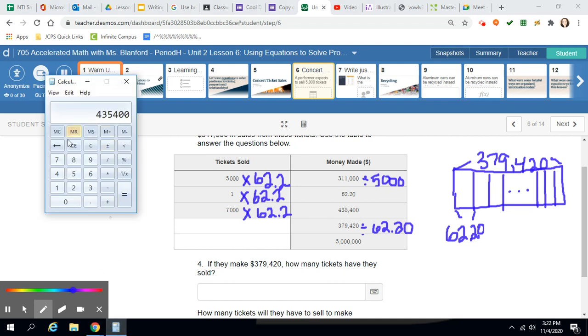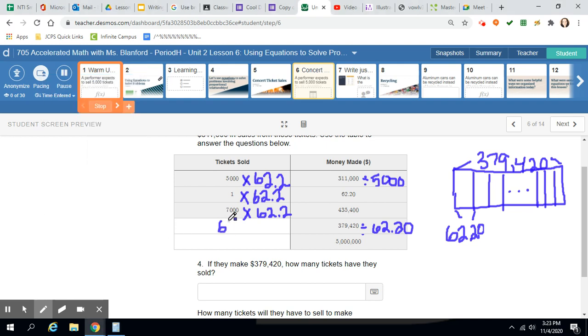So let's try that out. So now I'm going to type it in. And I'm going to divide it by the cost of the ticket. Okay, so I know this is 6,100 tickets.